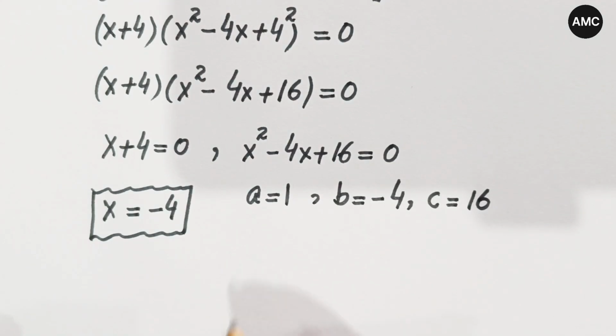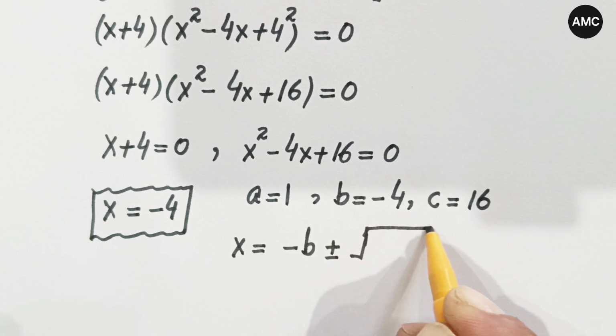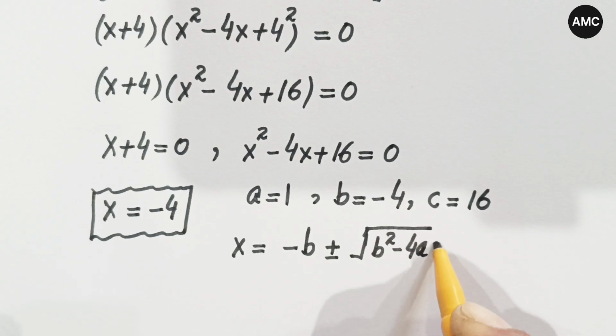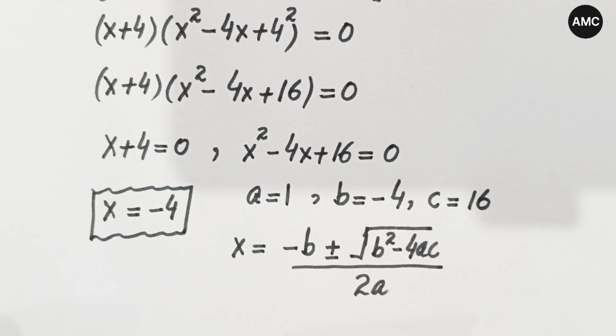According to the quadratic formula, we have x is equal to minus b plus minus square root of b squared minus 4 times a times c, all over 2 times a.